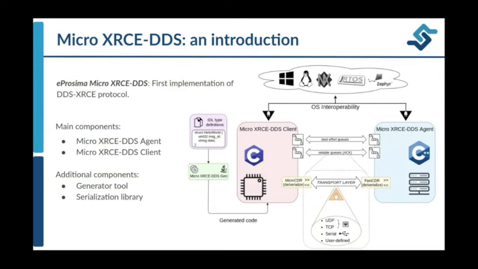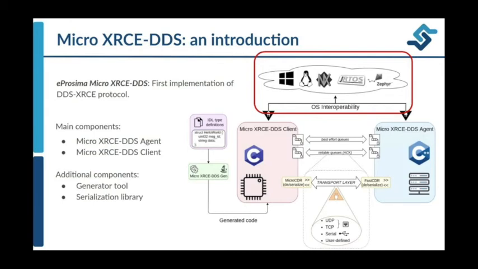The protocol is interoperable between operating systems. And this is, well, thanks to the fact that the operating system dependencies are treated as pluggable modules. So the user basically can easily implement their platform modules to the eProsima Micro XRCE-DDS client library on their own platform.